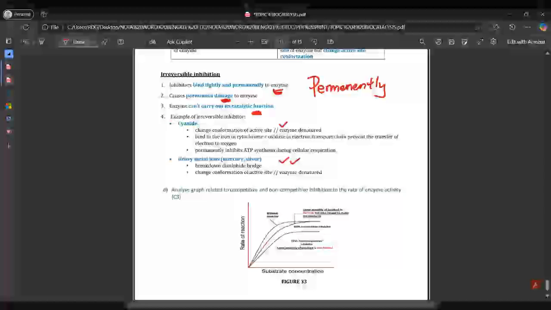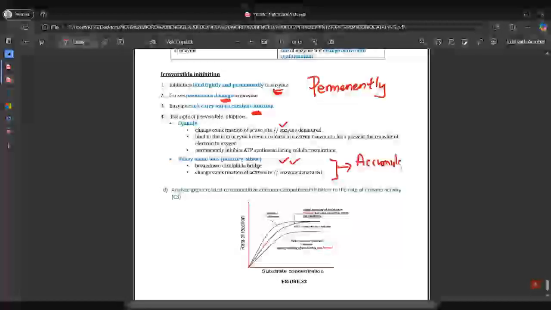Okay, others, heavy metal ions. Extra information for you. They do not cause an immediate effect like cyanide. Cyanide has a very immediate effect. Immediately the person will feel it when an overdose of cyanide is present. But heavy metals can accumulate in our body system. Even after they bind with the enzyme, they permanently damage the enzyme.